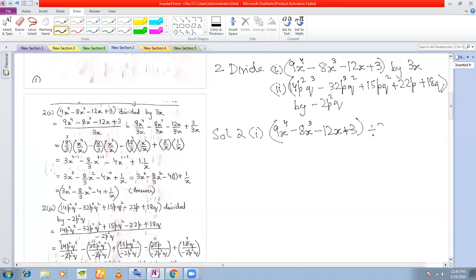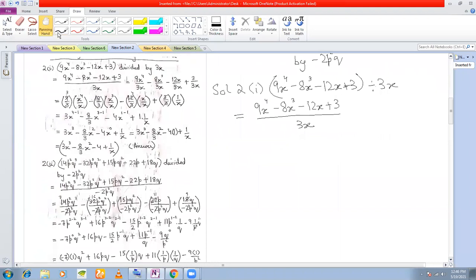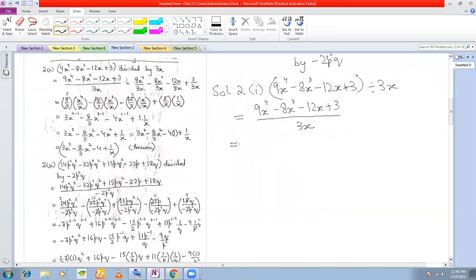Divided by 3x. Now you can write this in the numerator because this is the dividend. And 3x is your divisor. Now, if you remember, I told you when you're dividing a polynomial by a monomial, you have to divide each term of the polynomial by the monomial.